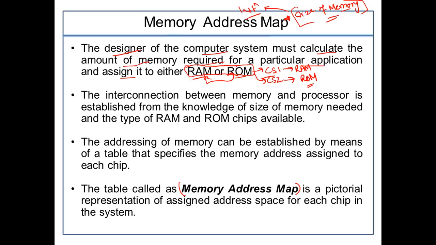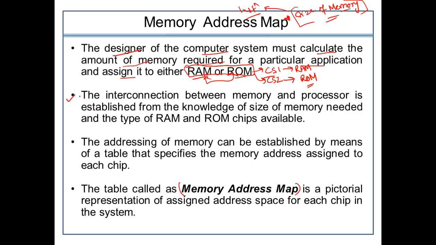So it is very important which kinds of applications my computer system will perform and what amount of memory is required for that specific application which we are trying to launch or run in our machine. The connection between the RAM and ROM is very important.